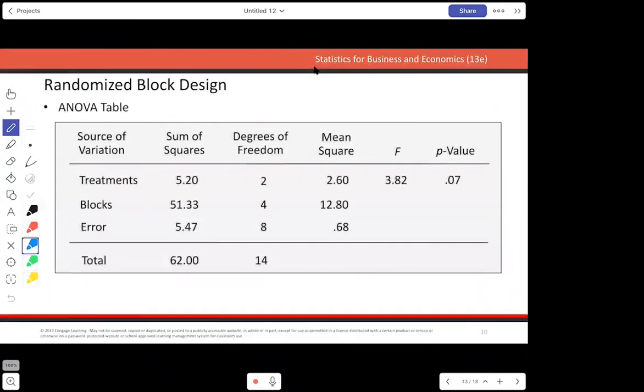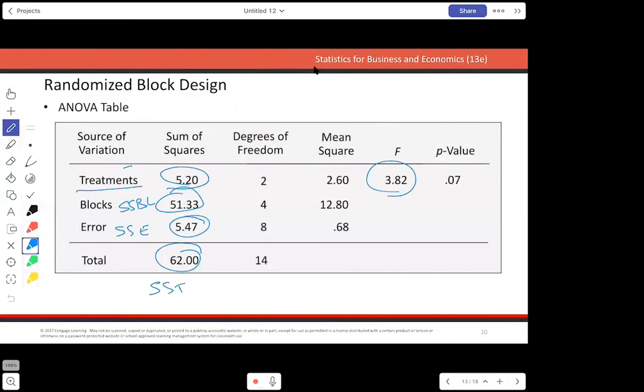Now, if we look, we set up our ANOVA table. The source of variation due to treatment, so SSTR, SSBL, SSE, SST.